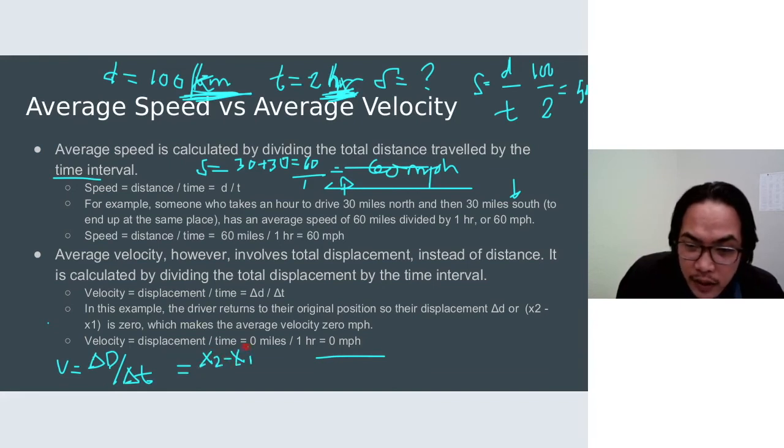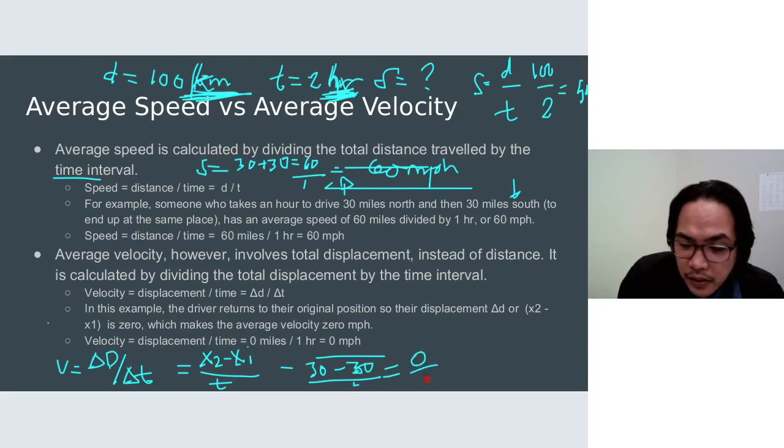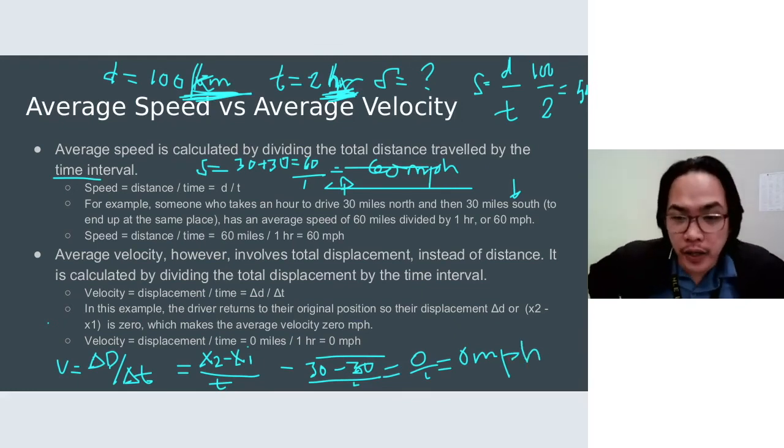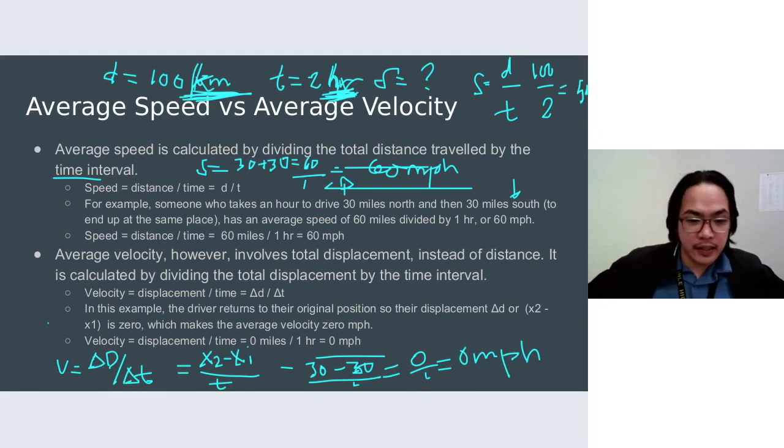We use x because it's a horizontal line, or the x-axis, divided by time. Your x2 is 30. Your x1 is 30, divided by 1. 30 minus 30 is 0. 0 divided by 1 is 0. Copy the unit, miles per hour. For displacement, you always consider the final point minus the initial point.